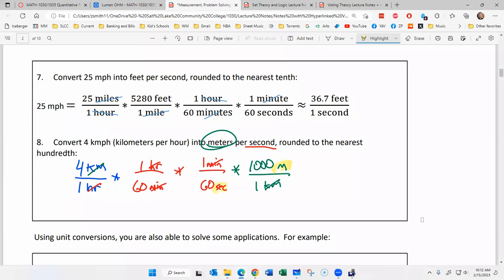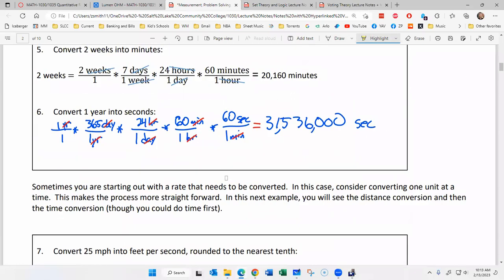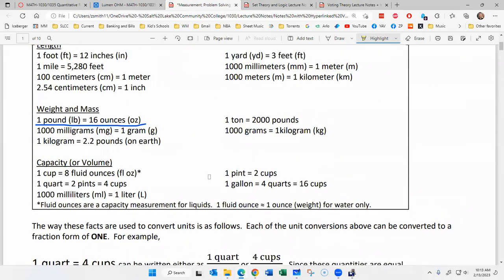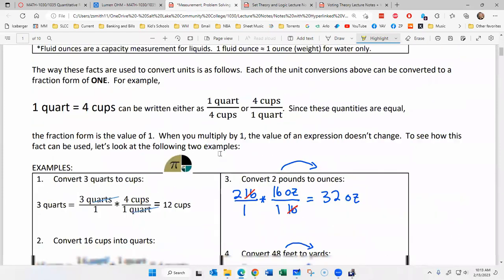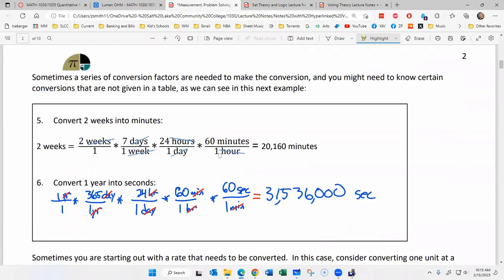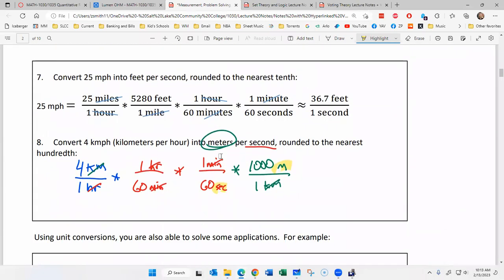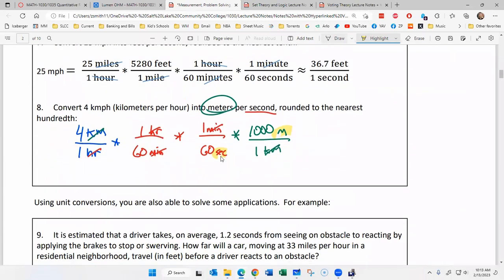I just need to work out the calculations. Now, all of these conversions that I've done, let's double check. There's the meters and kilometers. The time, 60 minutes in an hour, that stuff you should know. And that's universal, so we assume that you do know that. We won't give you time conversion factors.